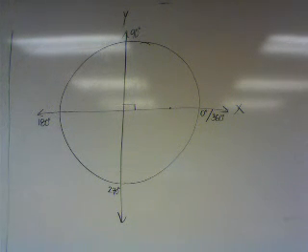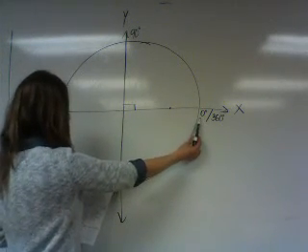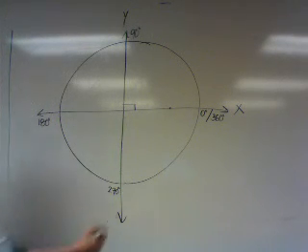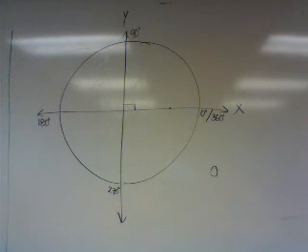So what we're going to do is actually write the radians too. Well, 0 degrees is, well, we can do the math. To convert from degrees to radians, what do we multiply by? We multiply by pi over 180.